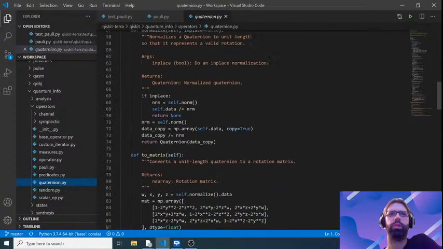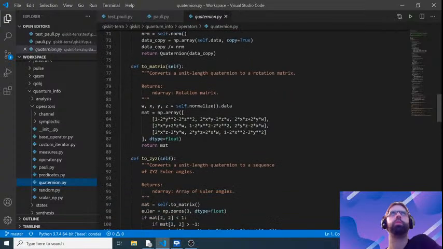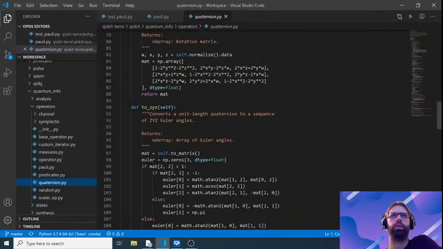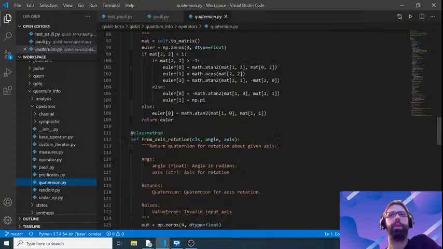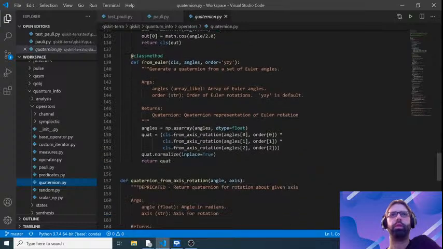Normalize. Why would this be useful? I'm curious. I'm literally lost here. I don't really know anything about quaternions.